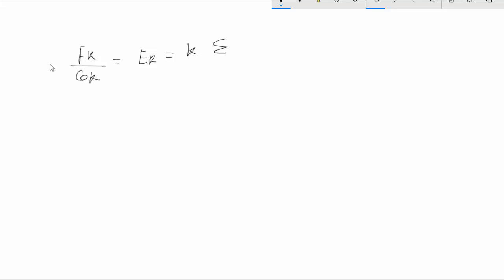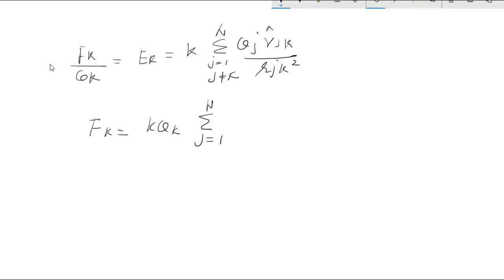It is possible to generalize it with summation of j equal to 1 to n, while j is not equal to k, and Qj into rjk divided by rjk whole square, while the force Fk was equal to kQk, summation of j equal to 1 to n, going from Qj to rjk, divided by rjk whole square.